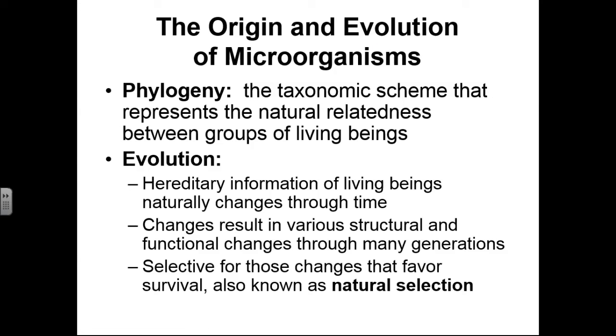As we have gone through the process of naming and categorizing our organisms, the field of phylogeny has developed. Phylogeny is a way of having a taxonomic or categorical scheme that represents how things are related to each other.